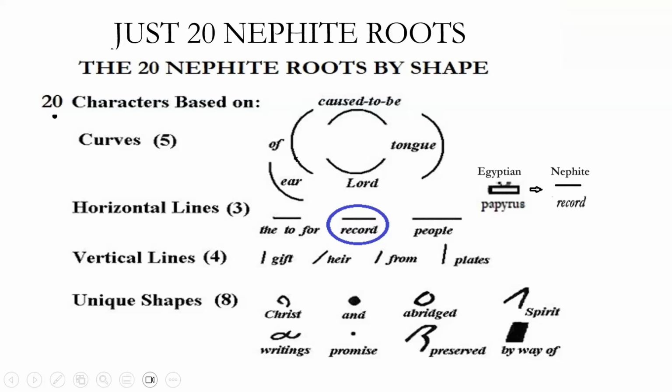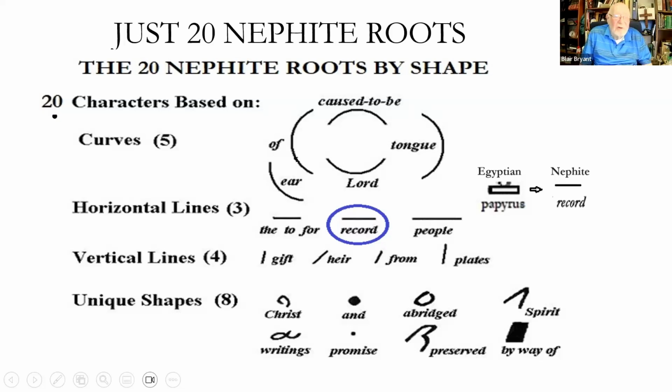Did I answer? Yeah, that's good. One last thing. When you look at that same page, you get the Egyptian column and then your Nephite column. Are you using those references to get there, or are you inferring that Nephite character really matches that Egyptian one? All right, that's a good question.